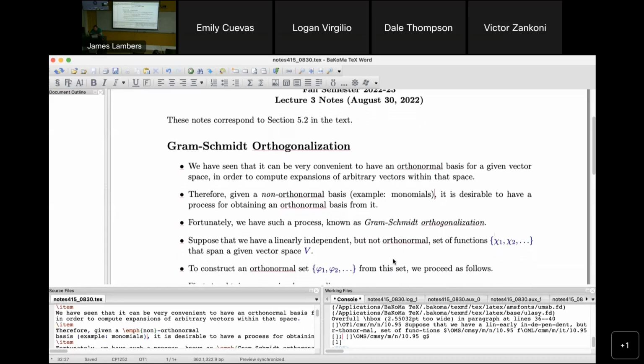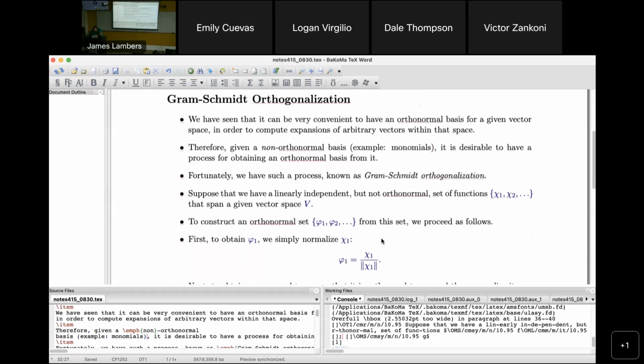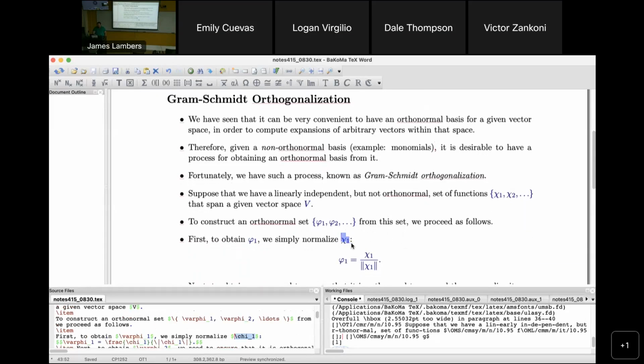I'll show how the process starts, and then you'll see the pattern, and I can give you the general Gram-Schmidt algorithm. Because we want an orthonormal set, the functions have to be orthogonal to each other, and they have to be normalized, in other words, have a norm of 1. So you take your first function from your non-orthogonal set.